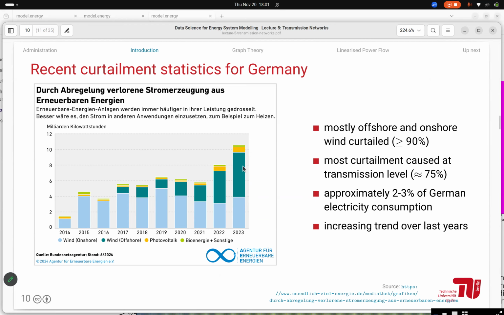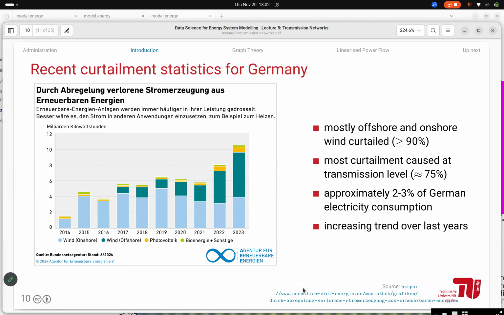And most of the curtailment is done for offshore wind and onshore wind, and only very little is done for PV. So it's more than 90% onshore and offshore wind. The curtailment mostly happens at the high voltage transmission level. It's about 75%. This is where the bottlenecks are currently.